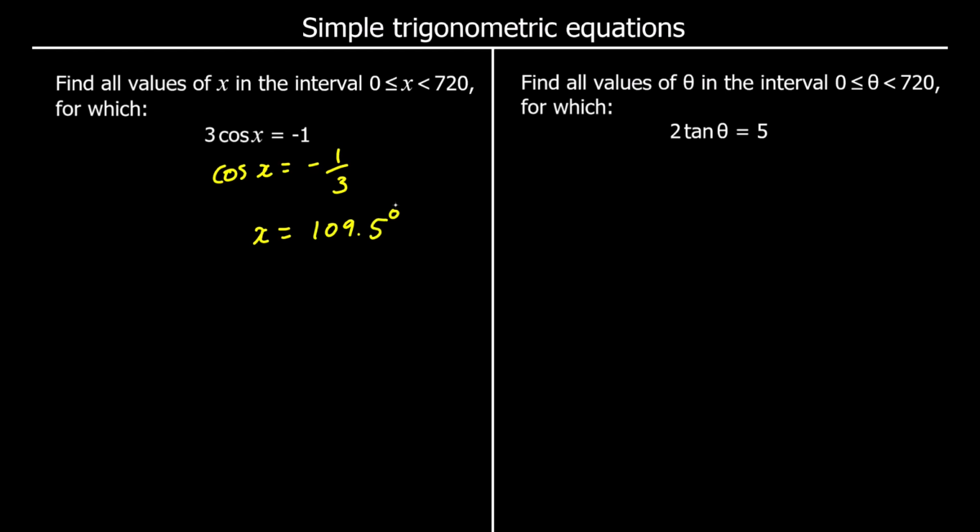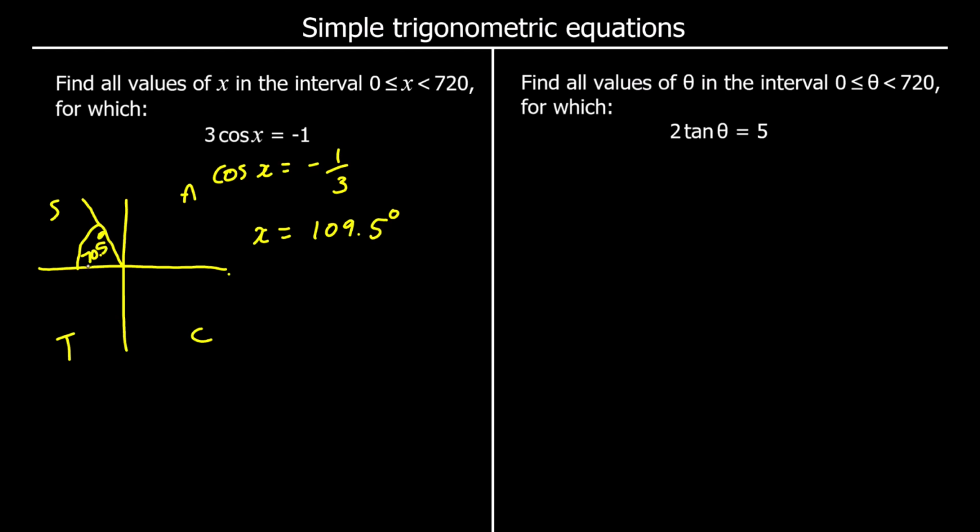So we could just say the second answer is 360 minus the first answer, or we draw it on. So 109.5, so 0, 90. It's over here somewhere, and we want the acute angle with the x-axis, so that's going to be 70.5 degrees.